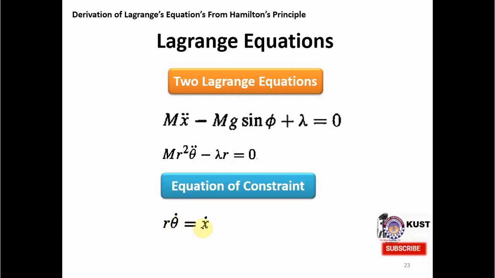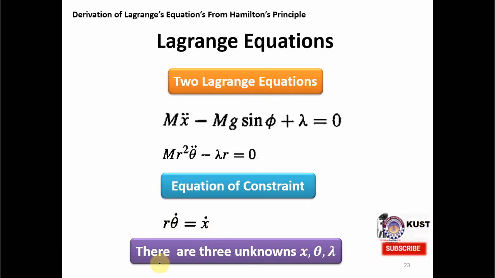This is our equation of constraint, and you can clearly identify it with the diagram: r theta dot is actually x dot. So there are three unknowns now, x, theta and lambda, because lambda, the Lagrange multiplier, is entering over here. Along with the generalized coordinates x and theta, we have this lambda for the constraints.